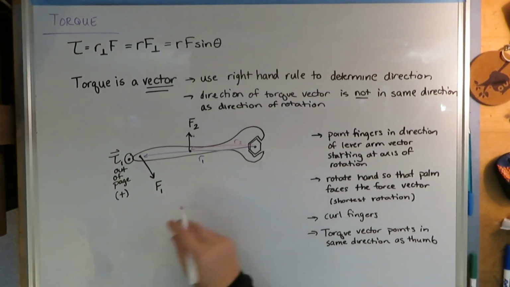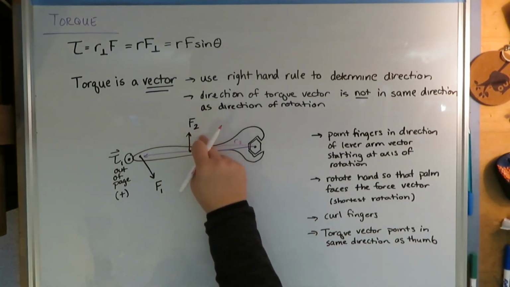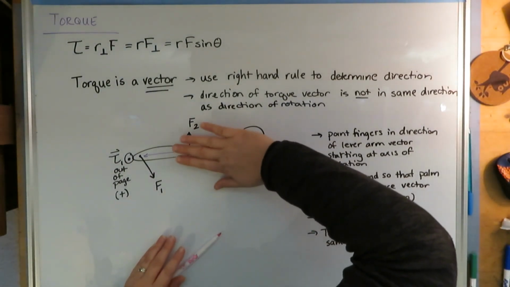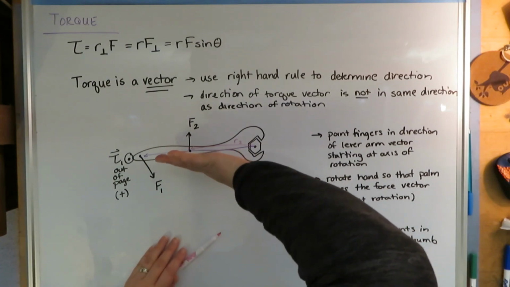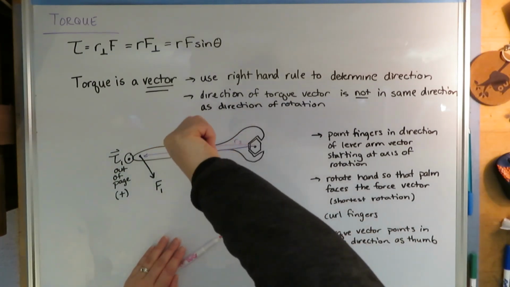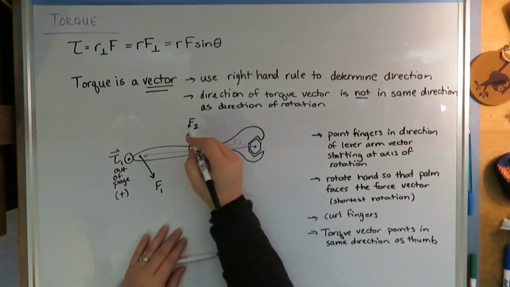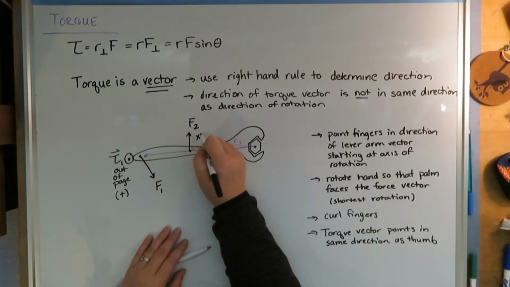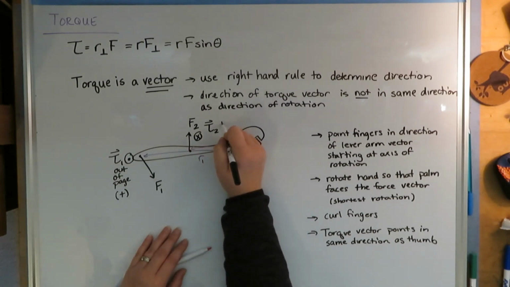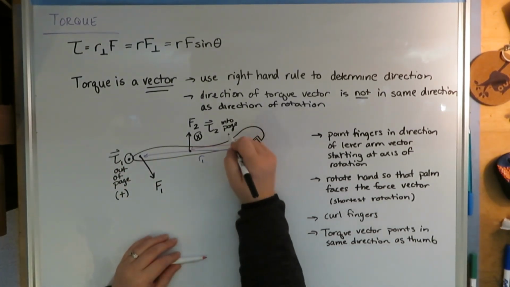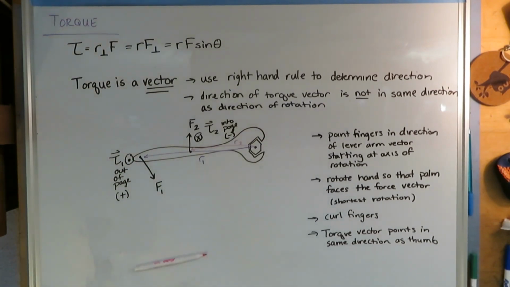To find the direction of this one, I would put my fingers in the direction of R2, rotate my palm so it's in the direction of the force, and then when I curl my fingers, my thumb is pointing into the page. I use an X to represent into the page, and a dot to represent out of the page.